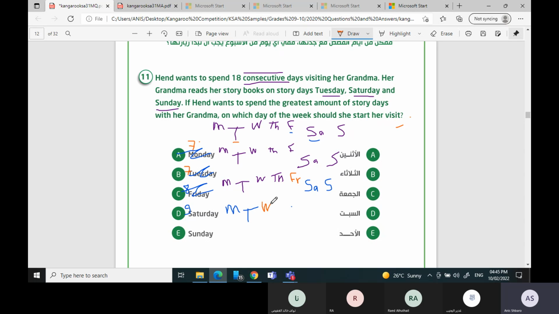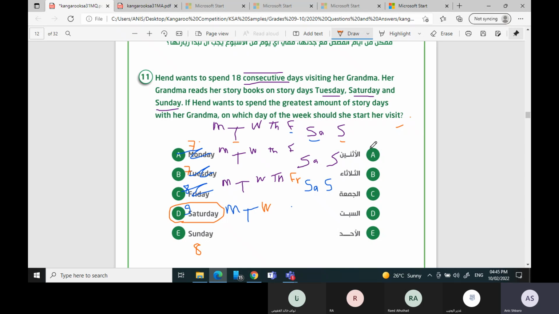So let's add a Wednesday here. We're going to start with Sunday. Simply count them: 1, 2, 3, 4, 5, 6, 7, 8. So of course she must start her visit on Saturday so she can take more stories.